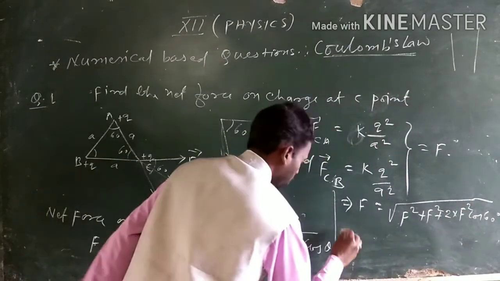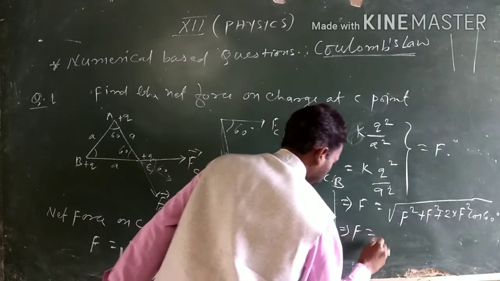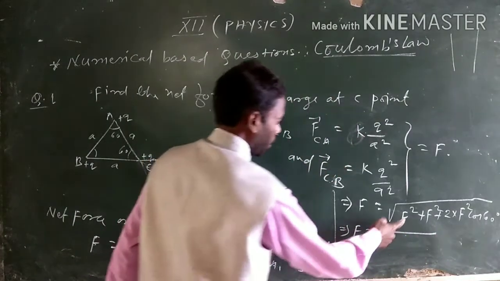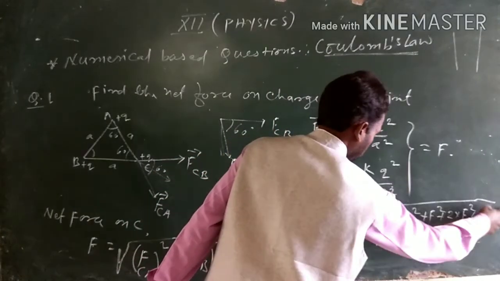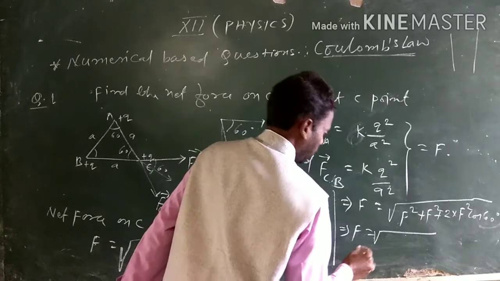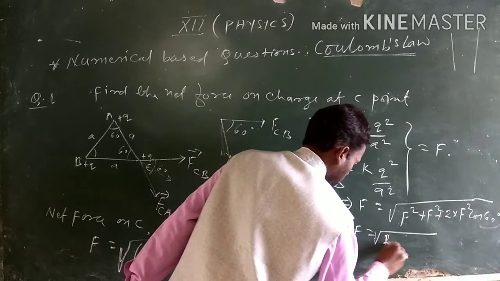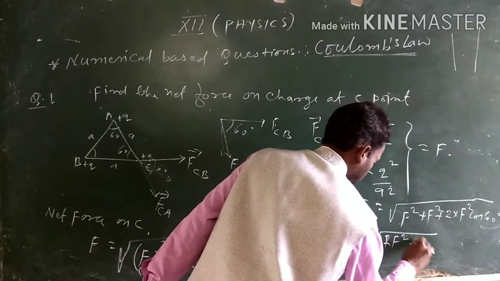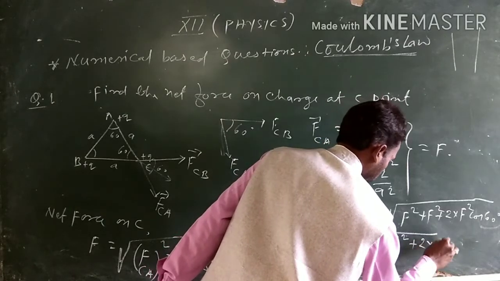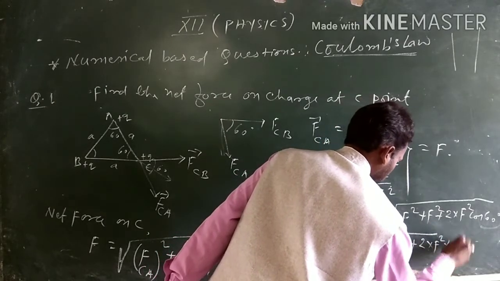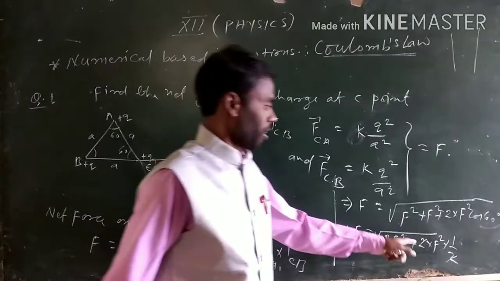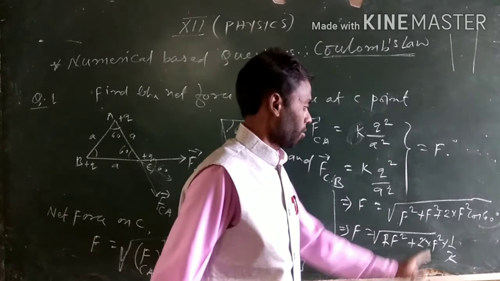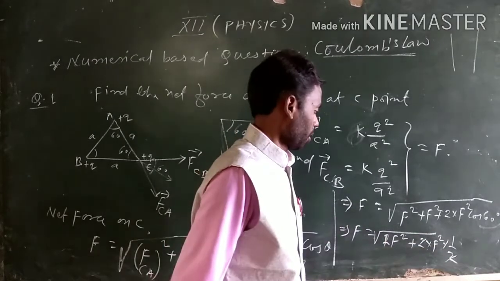After that, F is equal to root over F squared plus F squared, that is 2F squared, plus 2 into F squared into cos 60 degrees, which is 1 by 2. The 1 by 2 and the 2 cancel out.